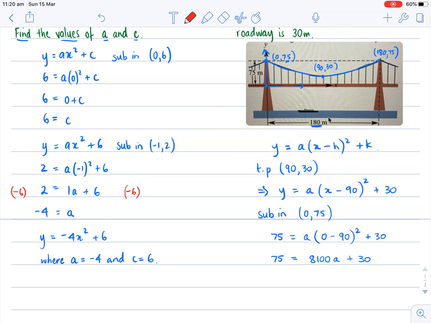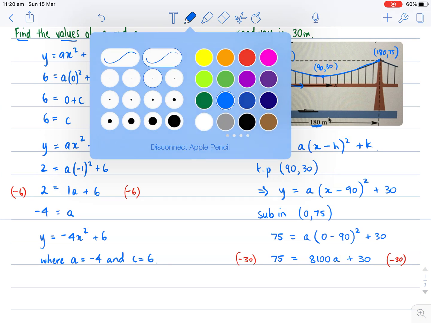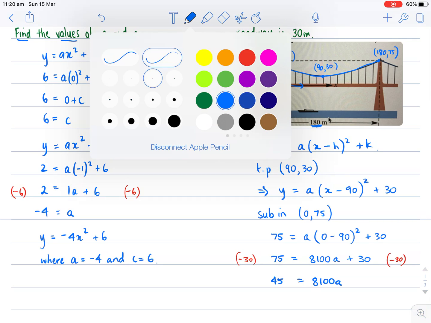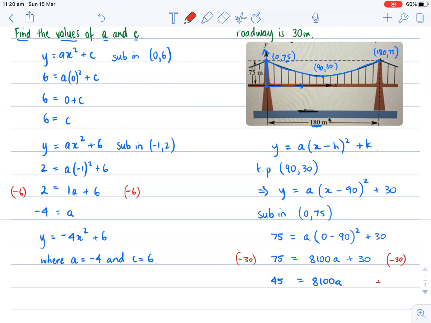So now same deal again. We're going to subtract 30 from both sides, which gives me 45 equals 8,100a, and then divide both sides by 8,100.